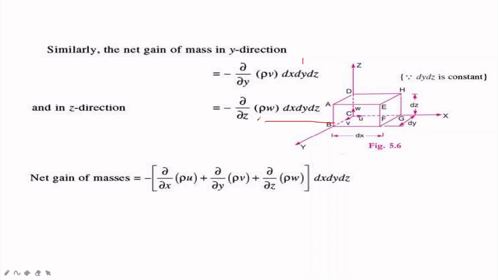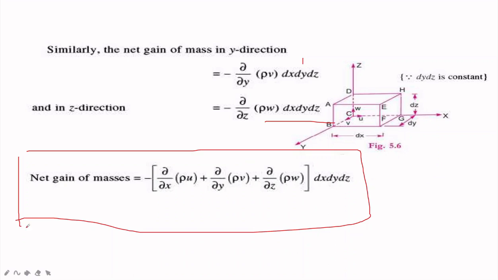If we add them, we will get the net gain of masses in the fluid element in the three directions, that is partial differentiation of rho u in the direction of x, partial differentiation of rho v in the direction of y, partial differentiation of rho w in the direction of z, into dx dy dz. So this is the net gain of masses.